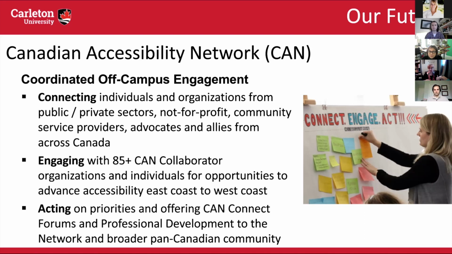At the moment, we're engaging with over 85 individual, either what we call CAN collaborator organizations, those organizations who have said, we're ready and moving forward on the accessibility front, or we know we need to, and so what's next in that conversation, really striving to advance accessibility across Canada from the East Coast to the West Coast.